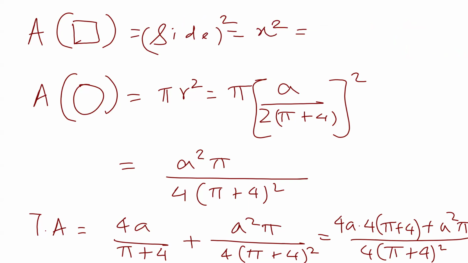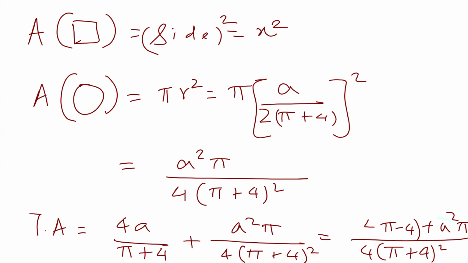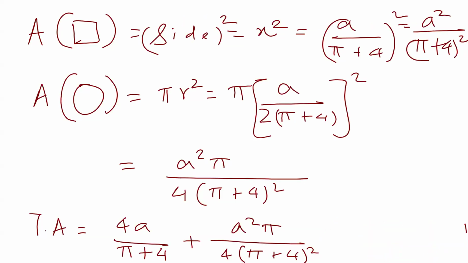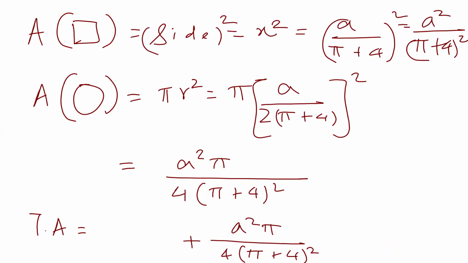X is a upon (pi plus 4) the whole square, so a square upon (pi plus 4) the whole square. So those changes you have to make over here. A square upon (pi plus 4) the whole square. Take LCM and solve further.